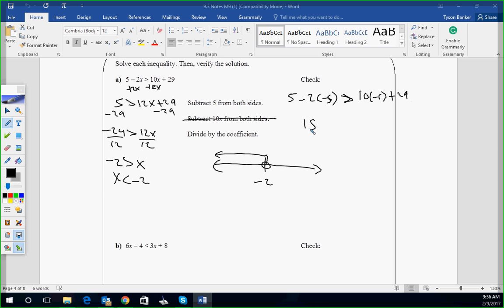And the other one is negative 60 plus 29. Is 15 bigger than negative 31? It is. I tried negative 5 is what I tested. Negative 5's over here, right? Okay, questions?